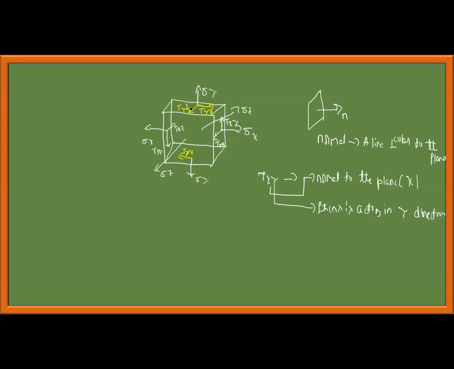This is y, this is x, this is positive z. I should write tau yz.